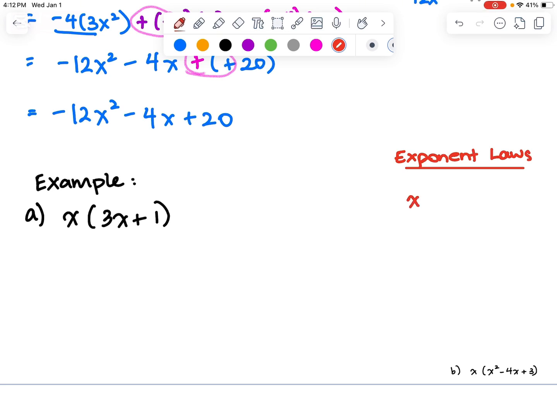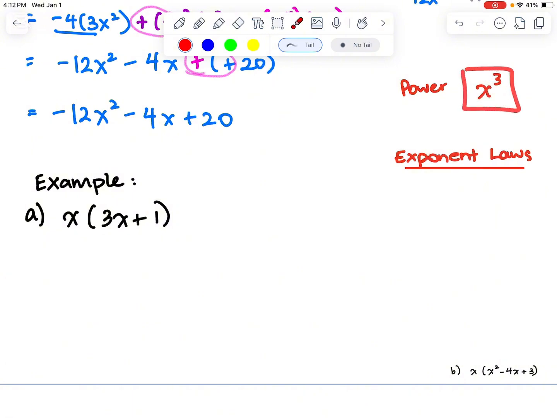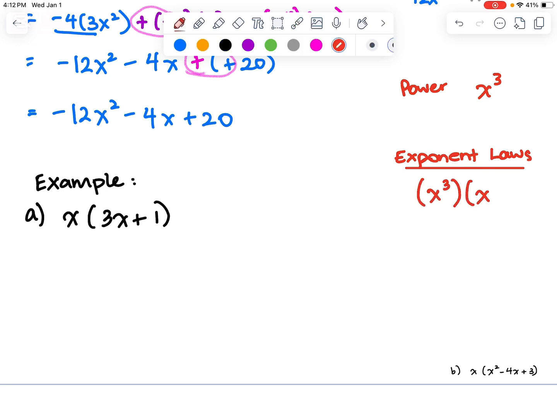Now we call these powers. A power would have a base on the bottom and what we call an exponent on top. Sometimes people call it an index, but this is called a base, this is called an exponent or index, and this whole thing is called a power. Now, an exponent law says if I have 2 powers and they have the same base, maybe different exponents, maybe the same, then the rule is that we keep the base and we add those exponents.